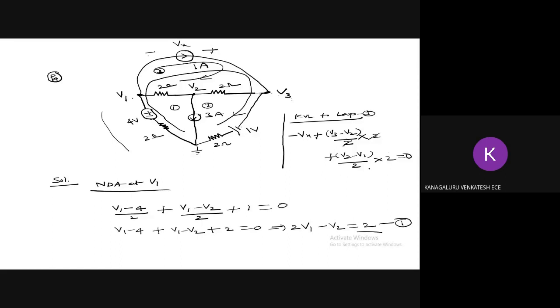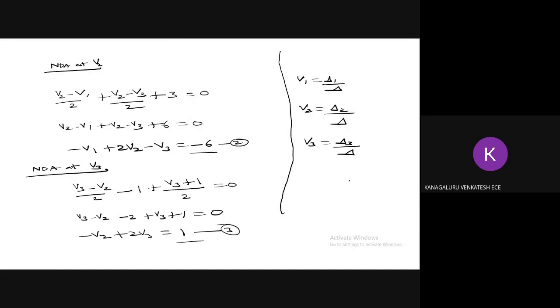Your Vx is nothing but, 2 to cancel, V3 minus V2 plus V2 minus V1. Anything can be cancelled? Yes, we can cancel V2, V2. So Vx is nothing but V3 minus V1. Just substitute that.